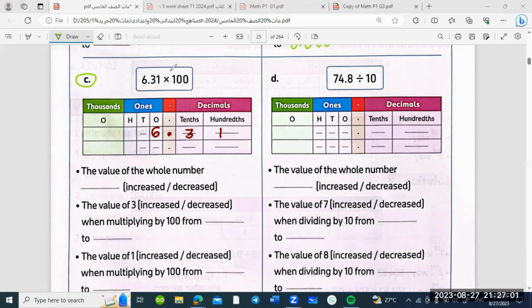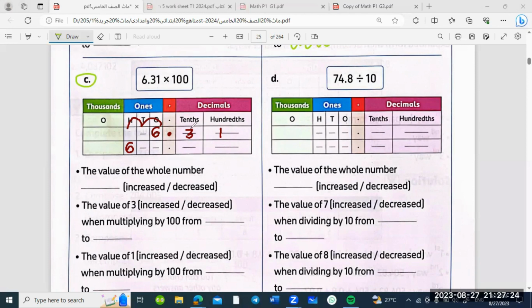So 6 becomes, in hundredths. 6 will be in hundredths. Excellent. I will move it 2 steps, 1 and 2. So 6 will be here. And what about 3?